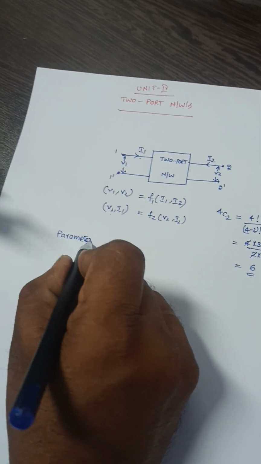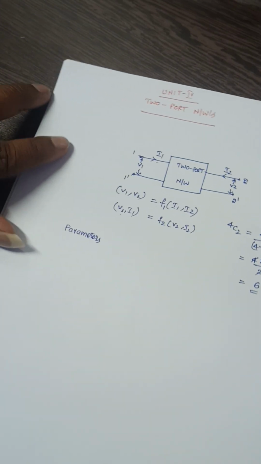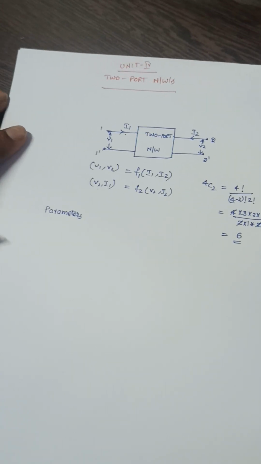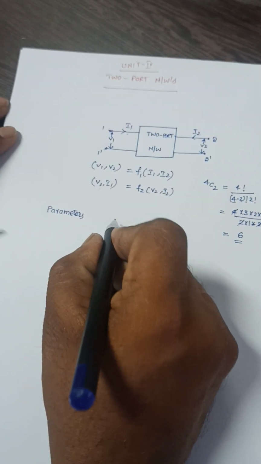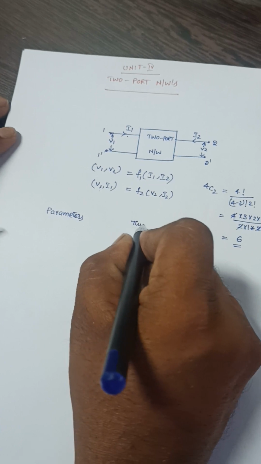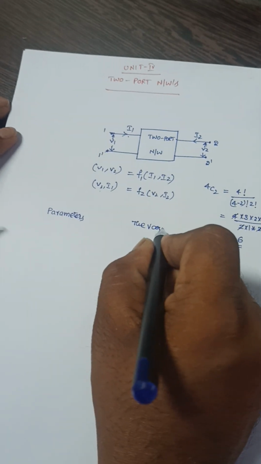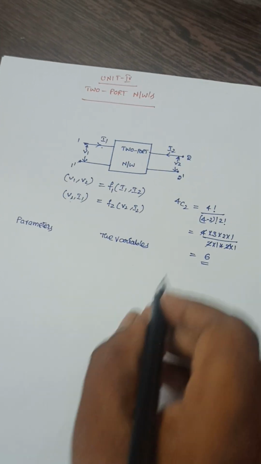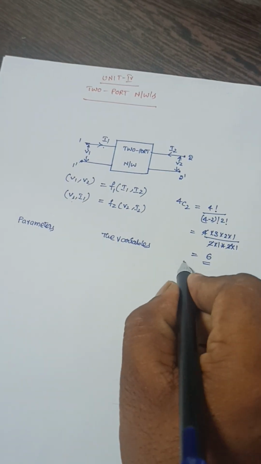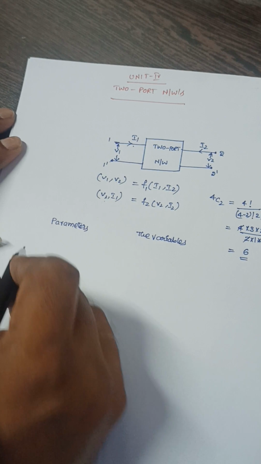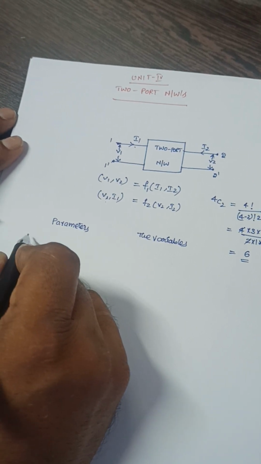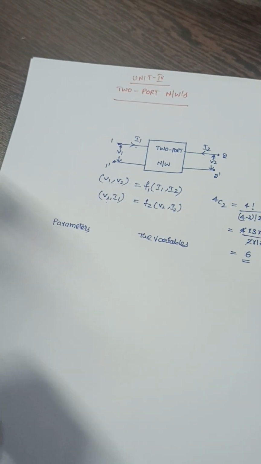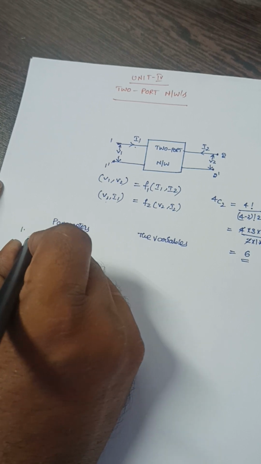Let us consider these parameters and the variables, and the equations are a representation of these variables. First, let me consider the first one here, open circuit parameters.